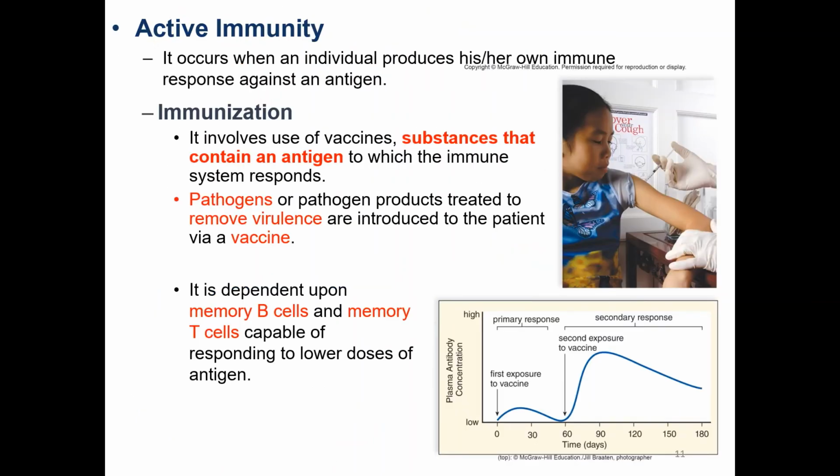Another type of active immunity besides the natural one is artificial active immunity. This can be done through immunization or vaccination.